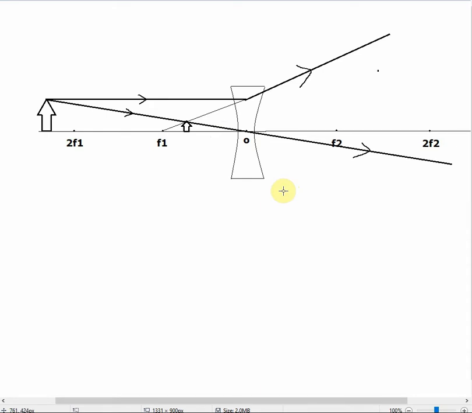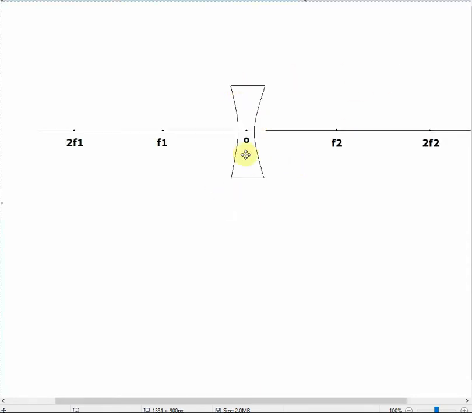Okay, so let's go to the next one. In this case, now we will place the object at the center of curvature here.